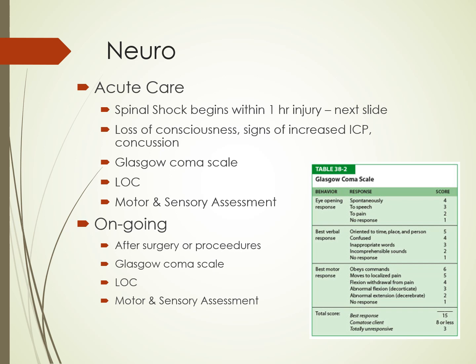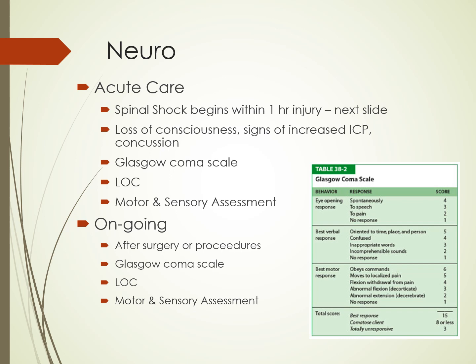Alright, let's look at neuro-wise, in the acute care and the ongoing, and these are very similar, the tools that you're going to use. You'll use your Glasgow Coma Scale in both, level of consciousness, and motor and sensory assessment, and we'll go more specifically over those. Please be familiar with your Glasgow Coma Scale and how to use that.